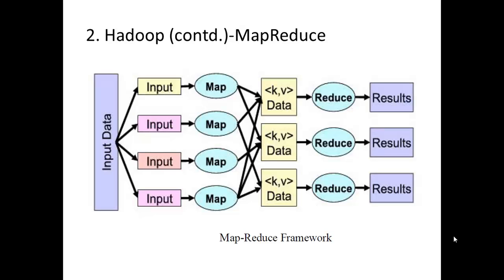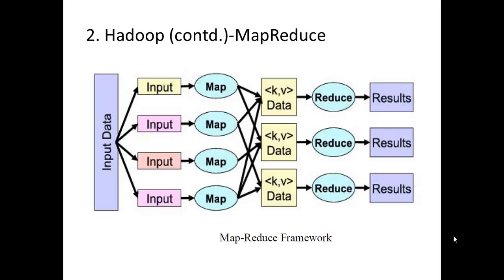It's in the reduce phase that the final result can be calculated, and then we have the results. Here we have a problem between the map and reduce phases: how to assign or schedule the intermediate data efficiently.